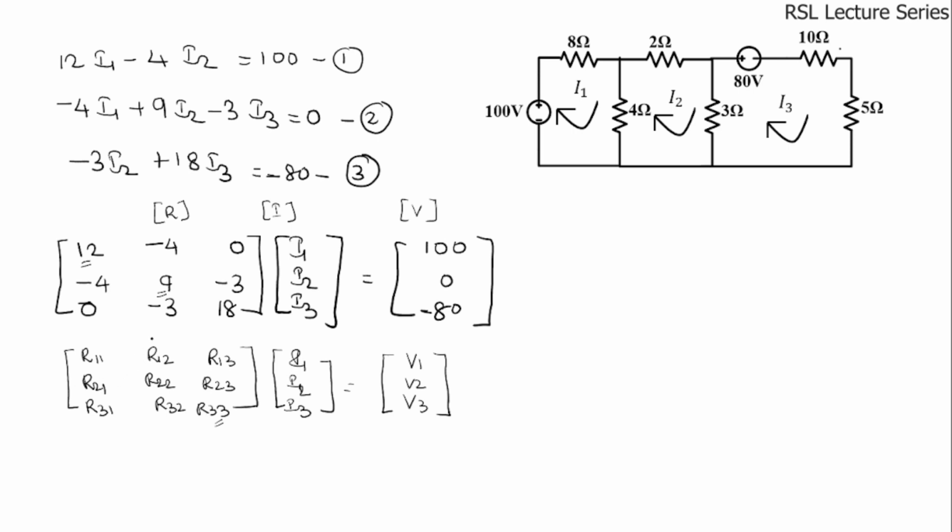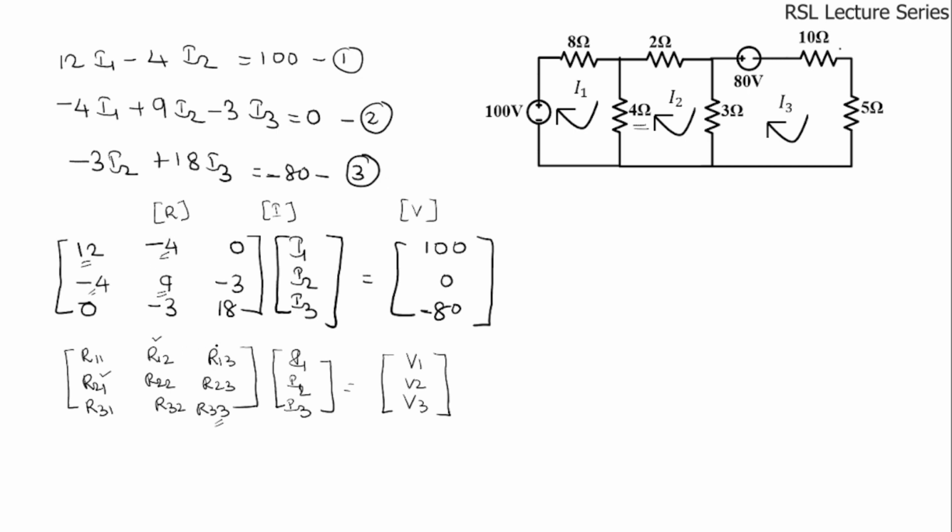Okay. So these diagonal elements are the sums of the resistors of the individual meshes. Now the off diagonal elements R12 and R21 are the common element between mesh 1 and 2 with the negative sign. In between mesh 1 and 2 we have a 4 ohms resistor, so here minus 4 and minus 4.